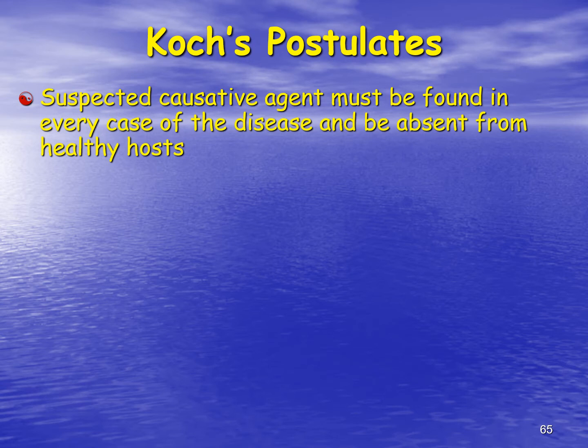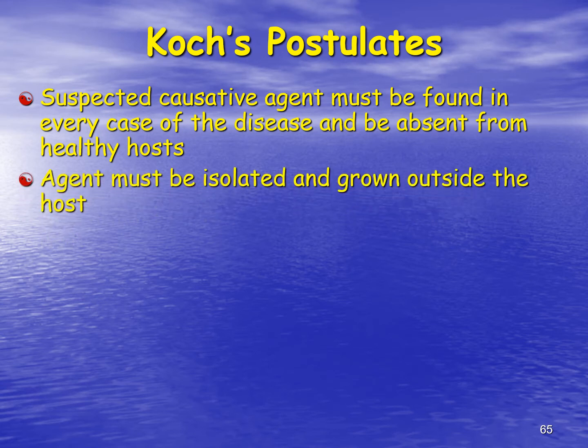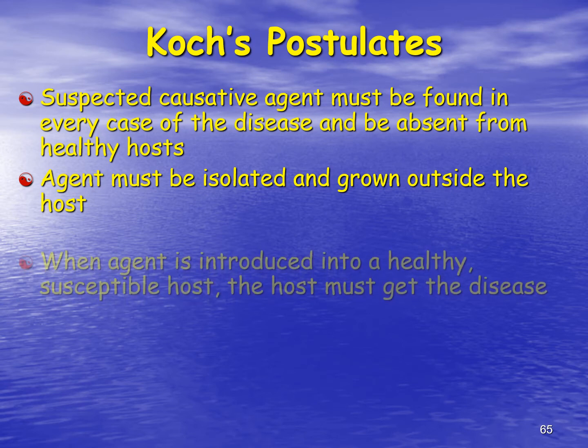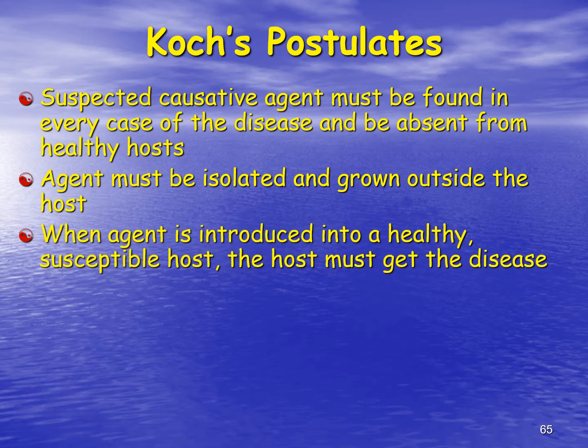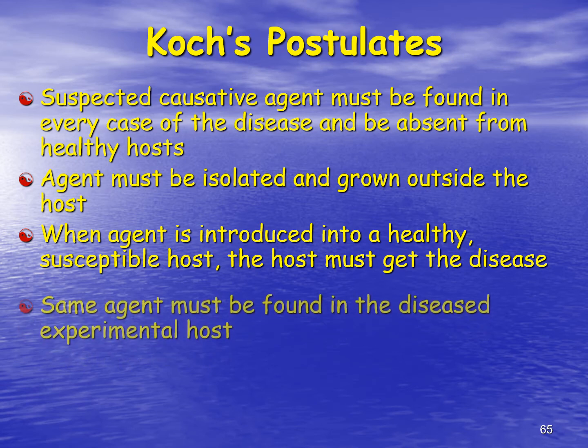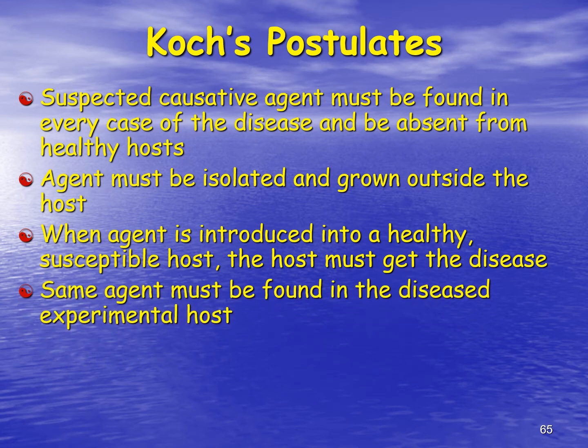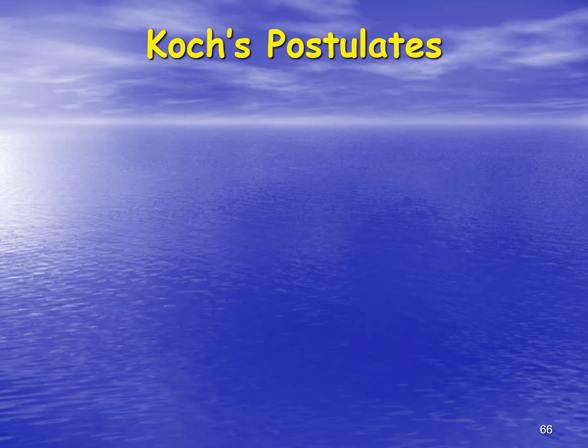He suspected the causative agent must be found in every case of a disease and be absent from healthy hosts. The agent had to be isolated and grown outside the host. When the agent is then introduced from those cultures into a healthy susceptible host, the host must get the same disease, and then the same agent must be found in the diseased experimental host.